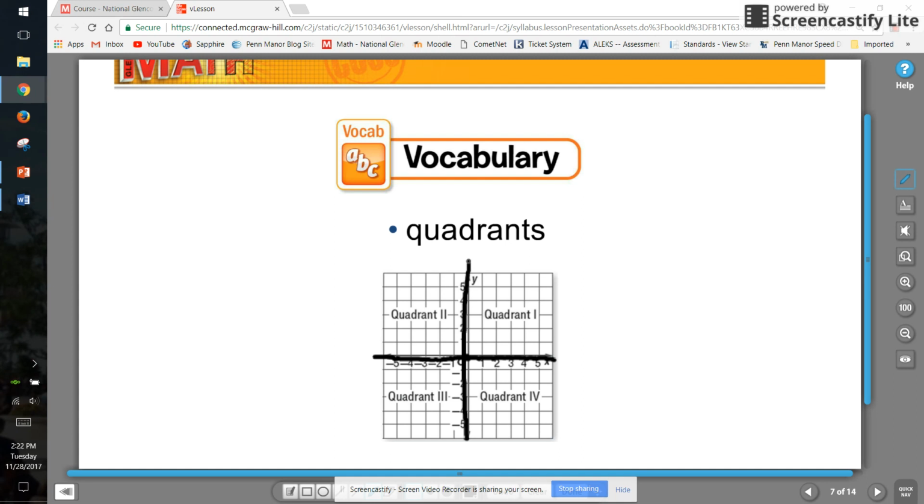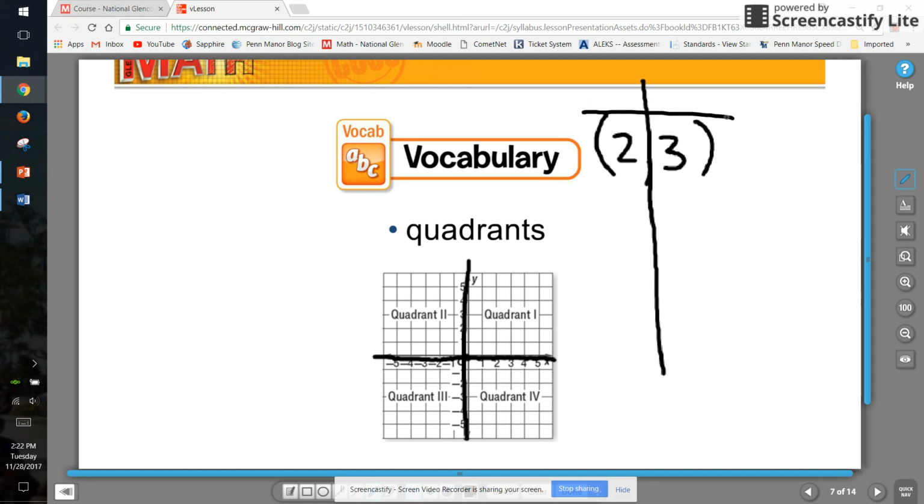If I have a coordinate pair, a pair of numbers, let's do something kind of simple. Let's go 2, 3. I have a graphable pair of numbers that start with x and end with y. What does that mean? Starting at our origin, I'm going to count over 1, 2, that's the axis, and then 3 on the y-axis, which is this axis that goes this way. 1, 2, 3.